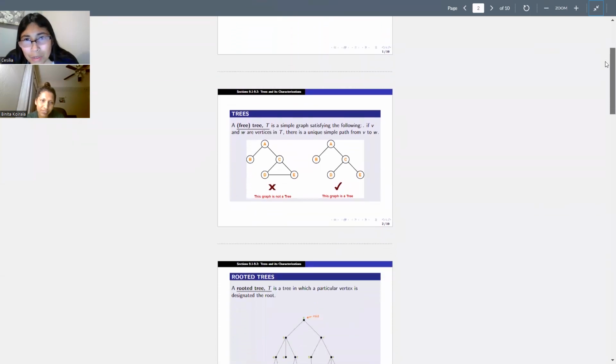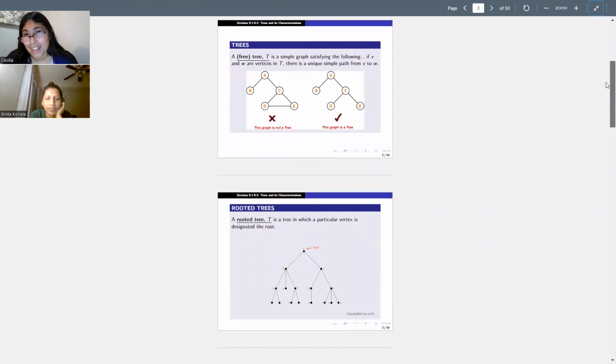Okay, so trees. A free tree T is a simple graph satisfying the following: if V and W are vertices in T, there is a unique simple path from V to W. So basically an actual tree, a free tree. So A, B, C, D, E. But this one is not a tree because it connects like that. This is not a simple tree.